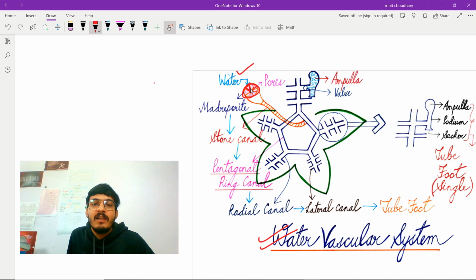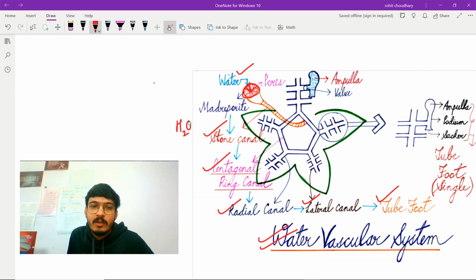Water will lead into the stone canal. Alright, and further stone canal leads into pentagonal ring canal. And pentagonal ring canal further leads into radial canal, and radial canal leads into lateral canal, and finally into the tube foot. So this is the transport of water.